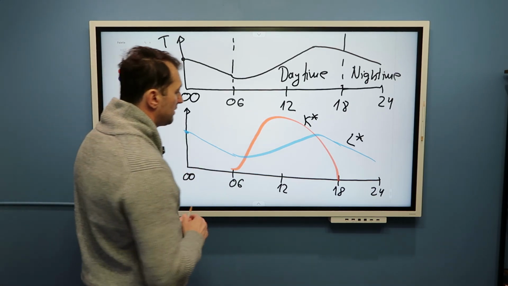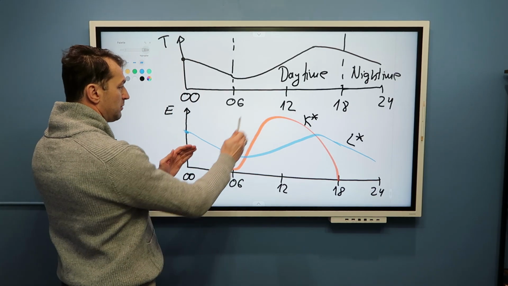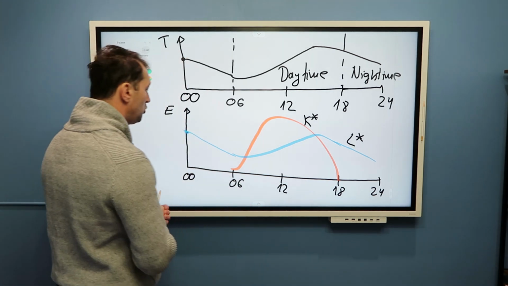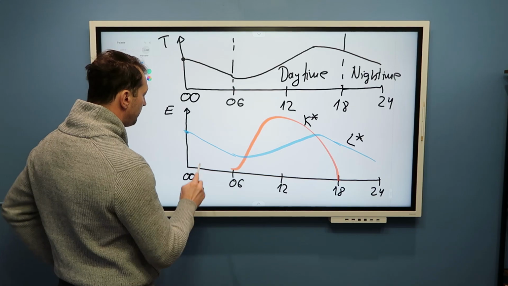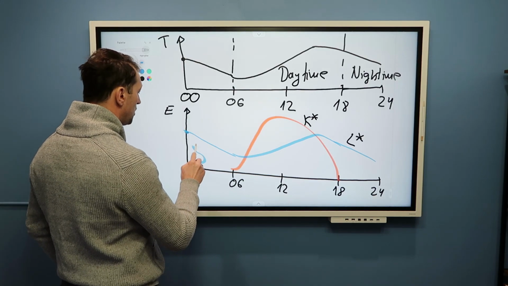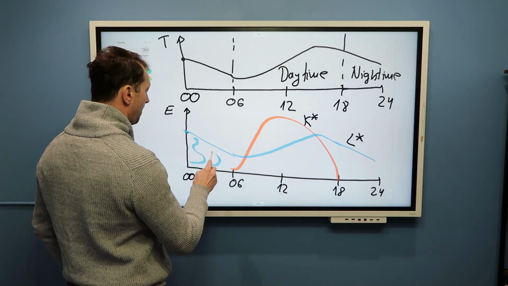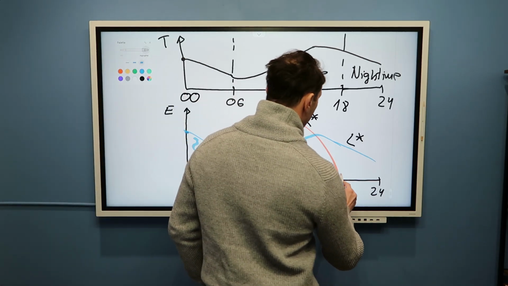Now we also said when the blue curve is above red curve, the surface is losing energy through long-wave radiative flux. In other words, you can visualize that the surface is radiating energy like so. And the same is happening here.